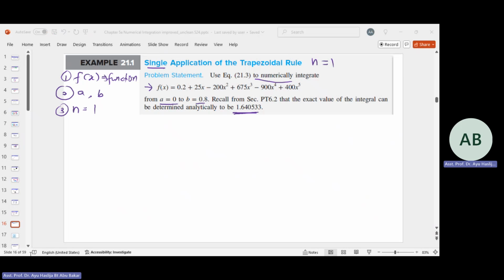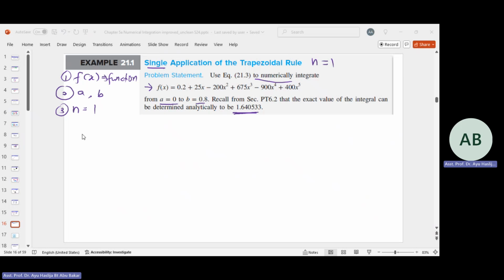Okay, I just share with you. I just want to show also how to find it. I have downloaded one calculator. Where is my calculator?